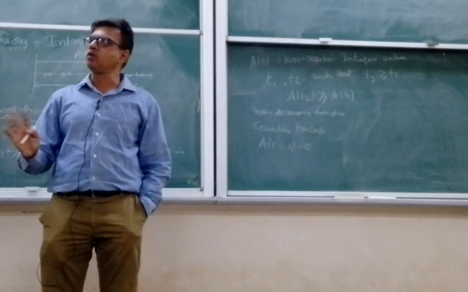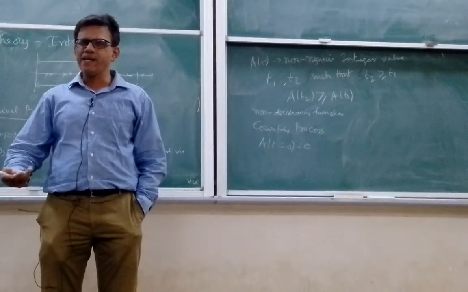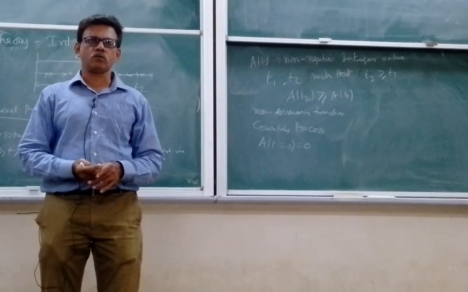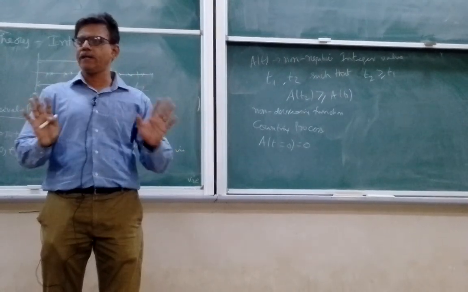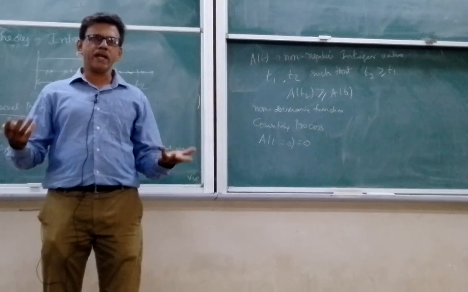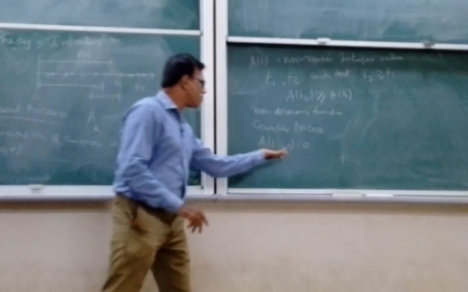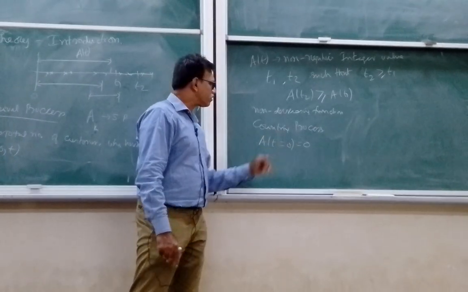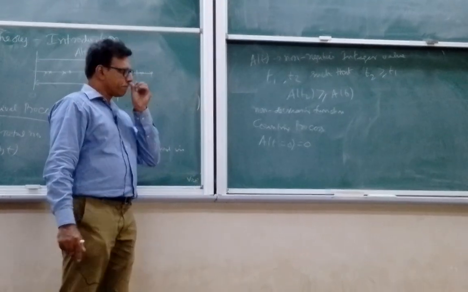At the start, the count is 0. But it need not be, you can start with some finite number also. Assume you open a mall, there are already 10 people waiting. So it can start at 10, but it doesn't matter. It is only for convenience. A of 0 is equal to 0.